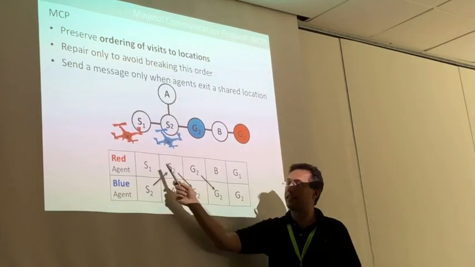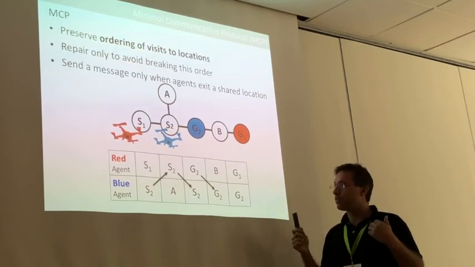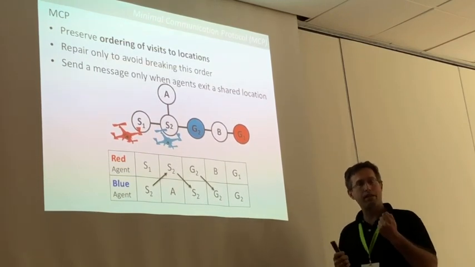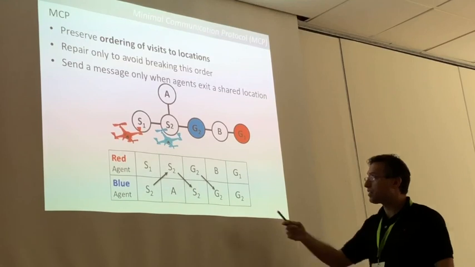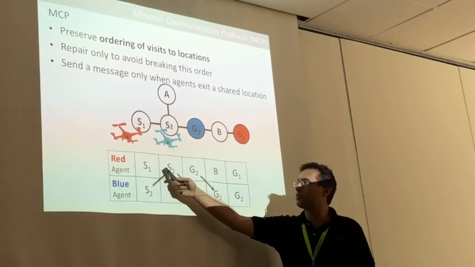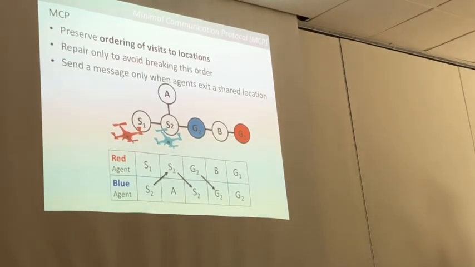Because the red agent is in S2. The lazy approach will tell it, go, enter G2. It's okay, because the lazy approach only repairs when it's about to reach a collision. Here there is no collision, but still, according to MCP, it will wait here until the red agent finishes G2. Okay, so this is a slight difference, but it's an important one. Yes, questions? Okay, good.